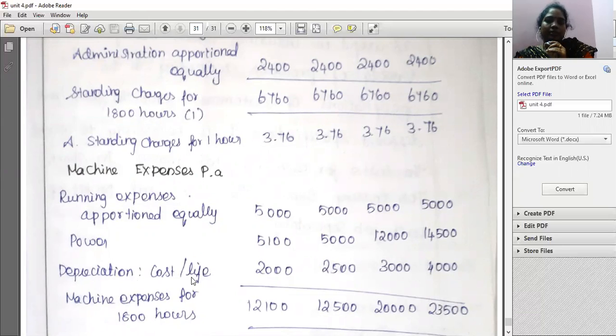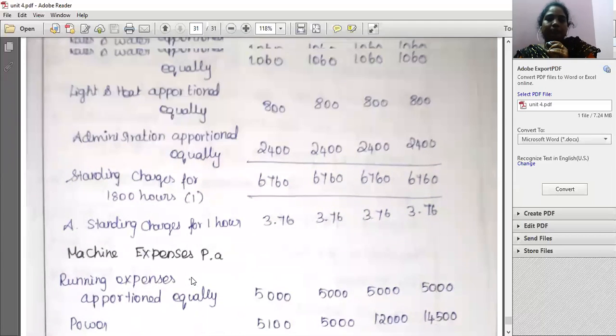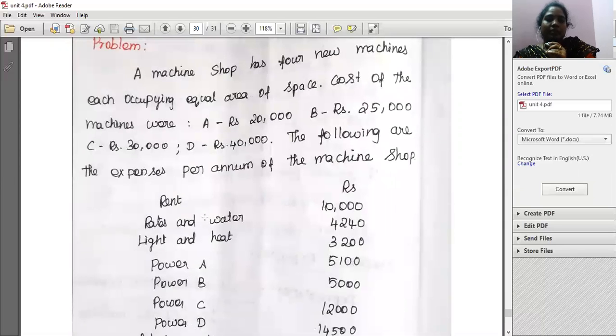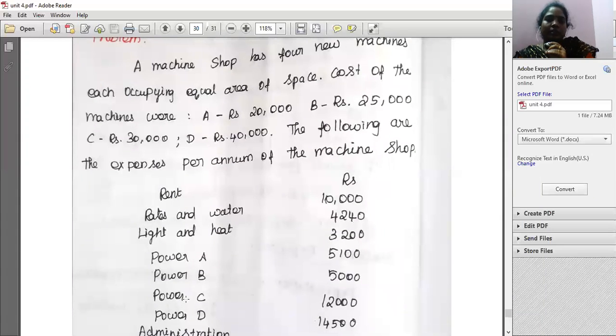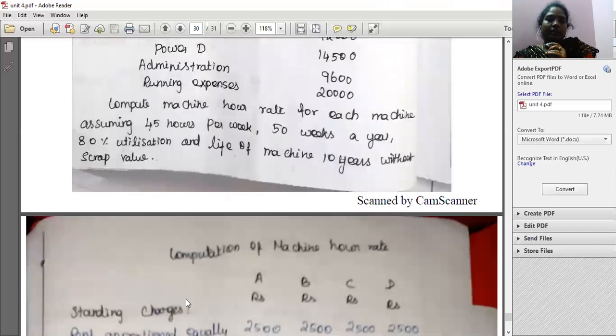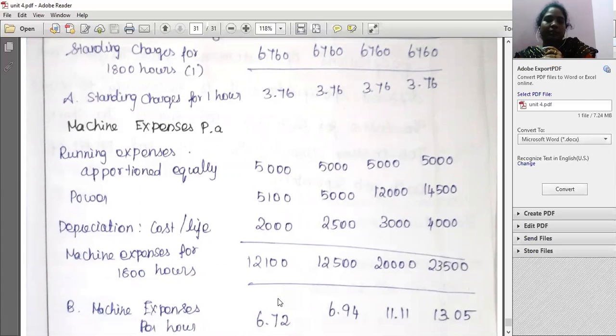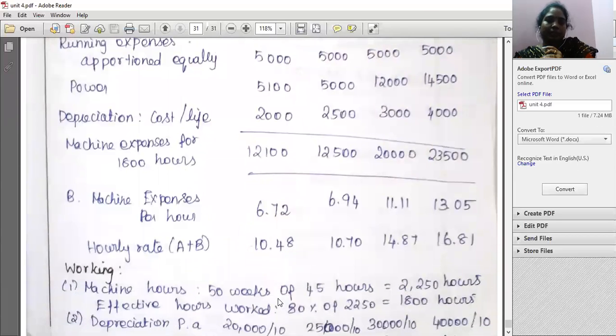Cost of the machines is 20,000, 25,000, 30,000, 40,000. The estimated life is 10 years. We have to divide in this manner: 20,000 divided by 10 is 2,000, 25,000 divided by 10 is 2,500, 30,000 divided by 10 is 3,000, and 40,000 divided by 10 is 4,000. Then we arrive at the grand total for the machinery expenses separately.